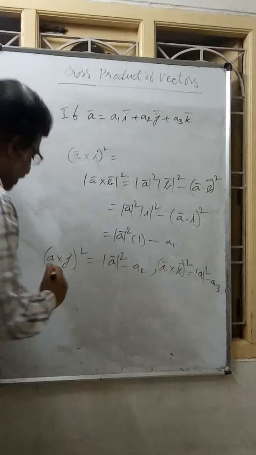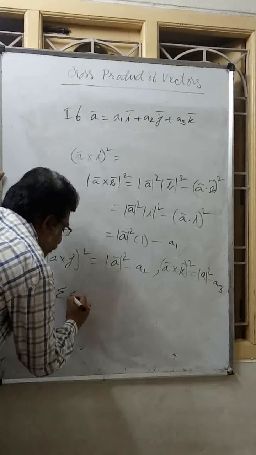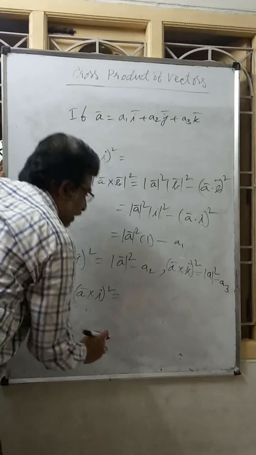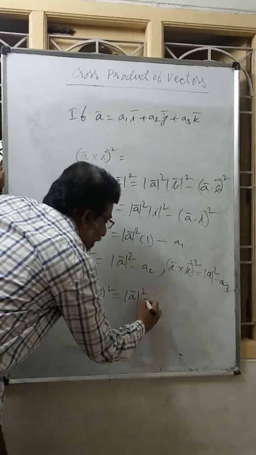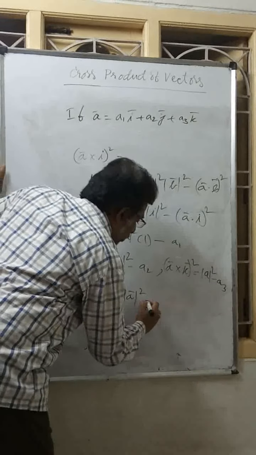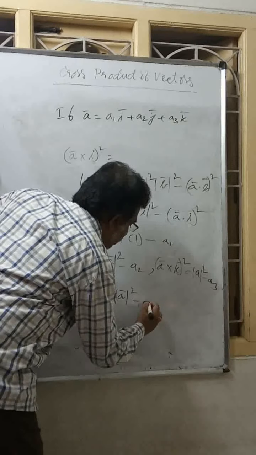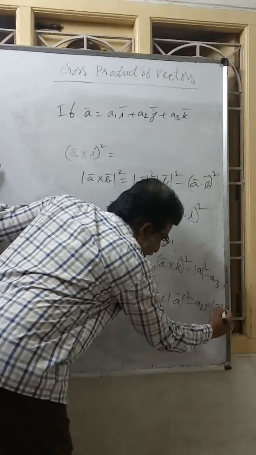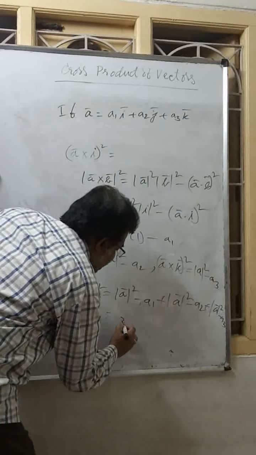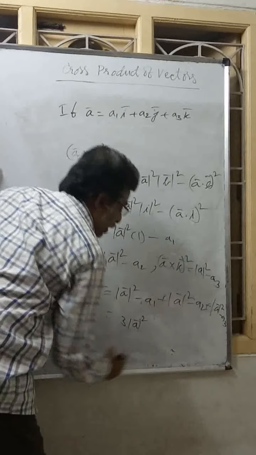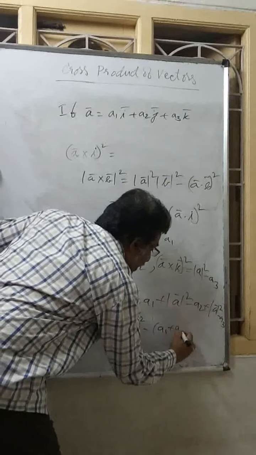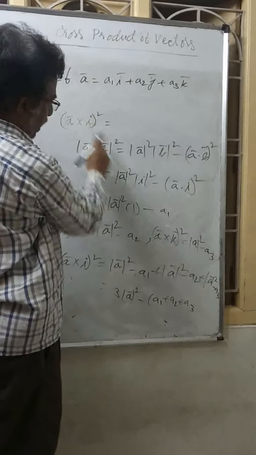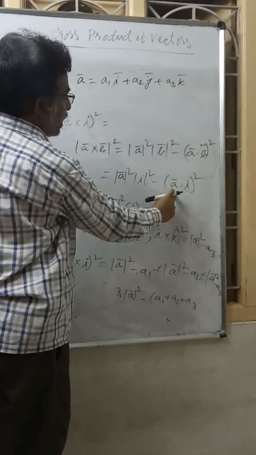So combining all three, sigma of A cross I whole square equals mod A square minus A1 square plus mod A square minus A2 square plus mod A square minus A3 square, which is nothing but 3 mod A square minus A1 square plus A2 square plus A3 square. Here A1 dot I bar means A1 into I is A1.